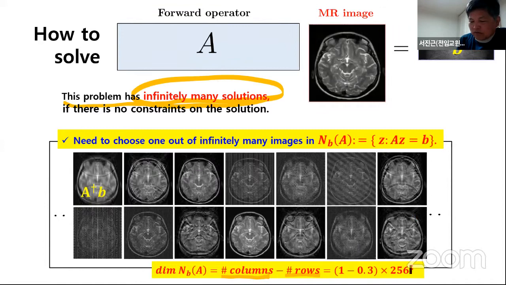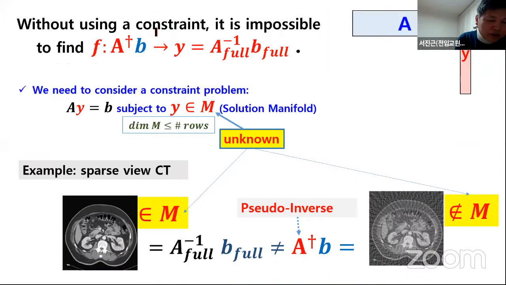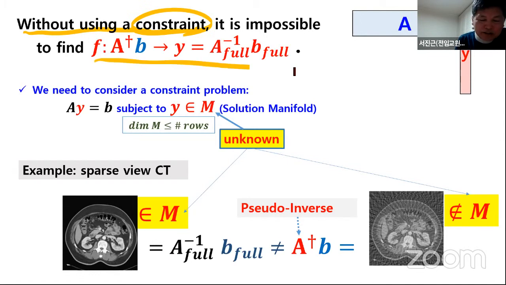This image is 256 times 256, and that times 0.7 is the dimension of the solution. So the question is, how can you extract the correct solution out of the infinitely many solutions? That's the question. Without using a constraint, it is impossible to find this.